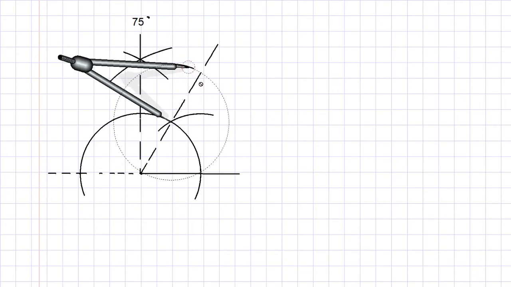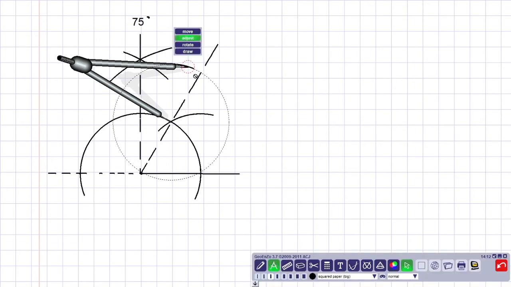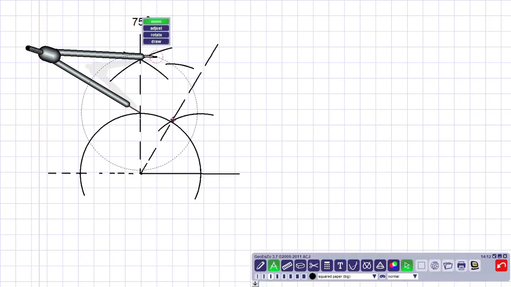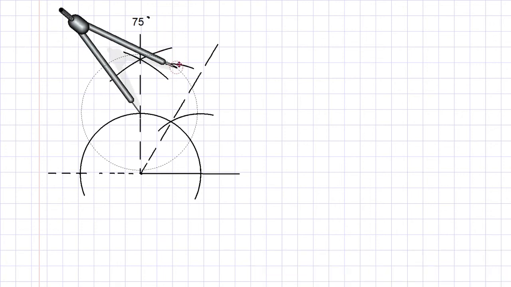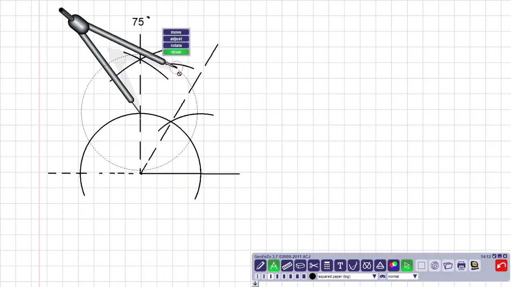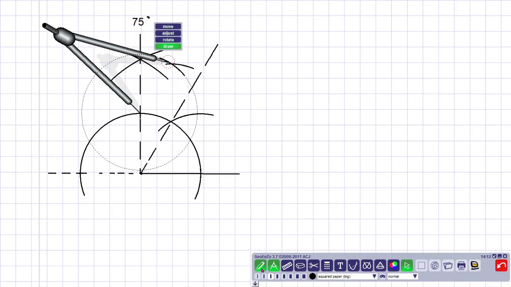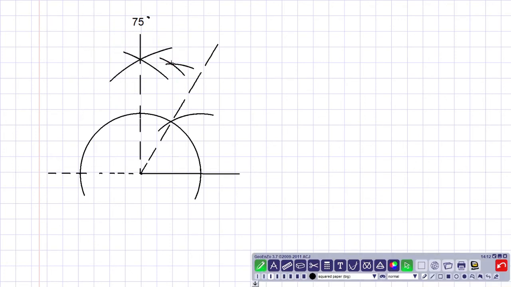I want to check whether my distance is correct or not. Now it is okay. I will keep the compass here and cross the previous arc. Okay. Now this is the crossing point of that arc.